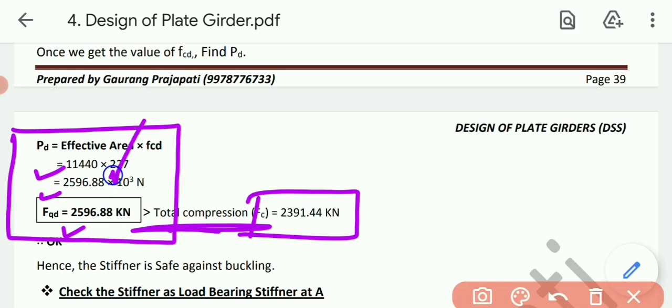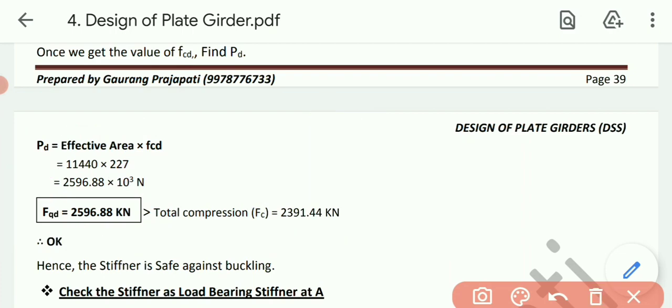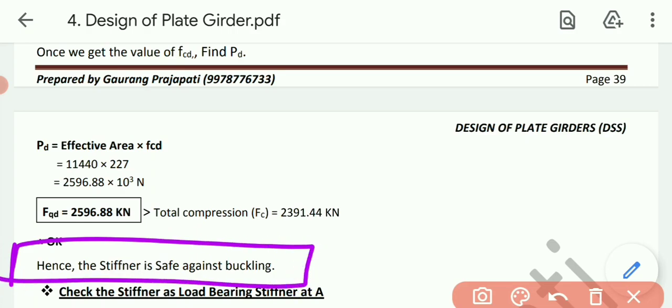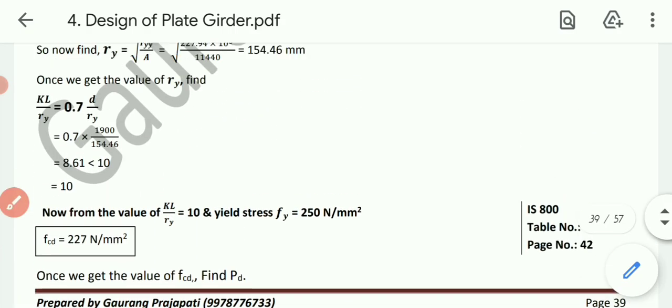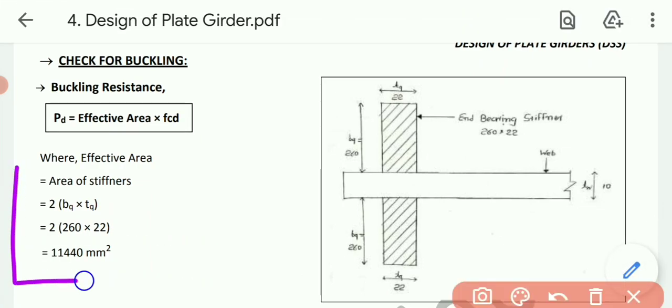What does this indicate? That the stiffener which we have designed, 260 cross 22 mm, can resist the total buckling force of 2596.88 kilonewton, and our requirement was 2391.44 kilonewton. Hence the stiffener is safe against buckling. Meanwhile, also cross check the area of the stiffener which we have provided. Area of the stiffener is 11440.